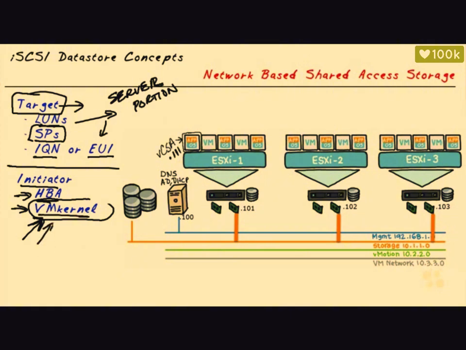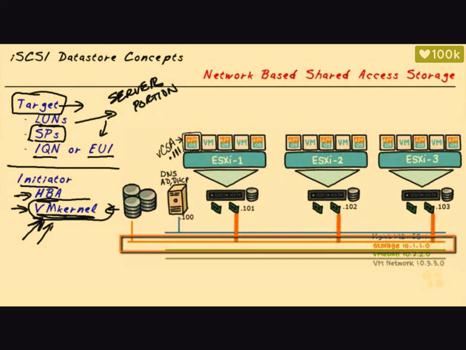And for the iSCSI, this would be a dedicated VM kernel port that we would use to communicate back and forth between the ESXi host and the storage appliance. Very similar to the VM kernel port that has a layer 3 IP address associated with the existing VM kernel port for management, we're also going to have an IP address associated with the VM kernel port that we're going to use for storage.